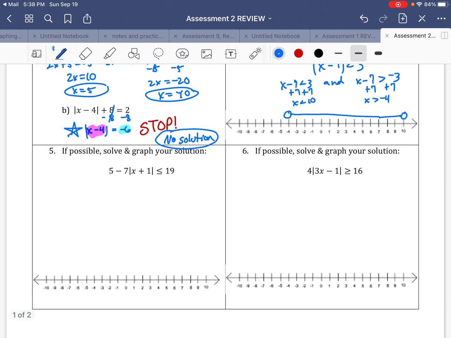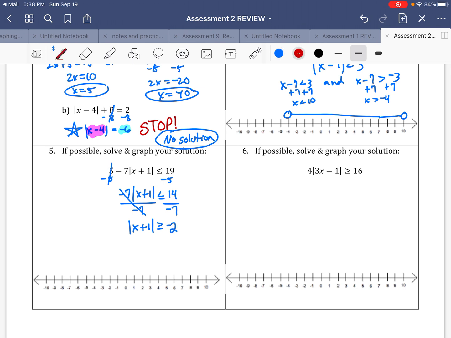All right, for number 5. Take away 5 to start cleaning this thing. I get negative 7 times absolute value of x plus 1 less than or equal to 14. Divide both sides to keep cleaning by negative 7. I just divided by a negative, so I flip my symbol. I get negative 2.